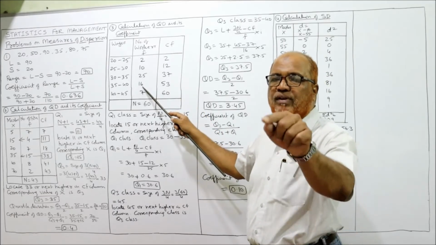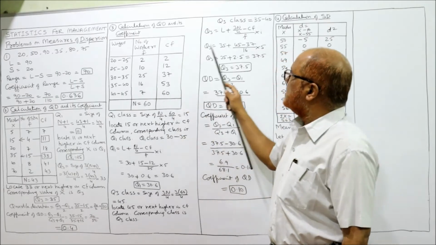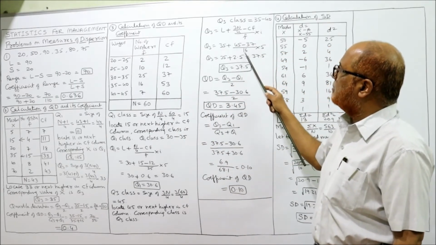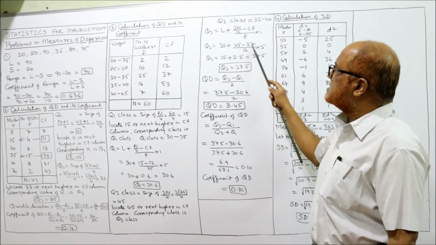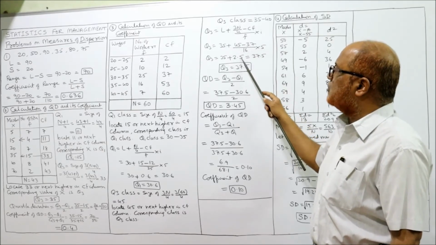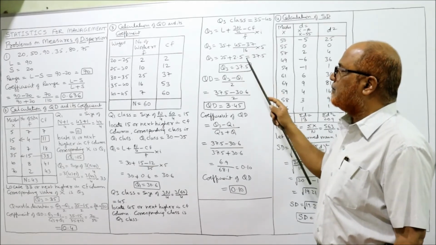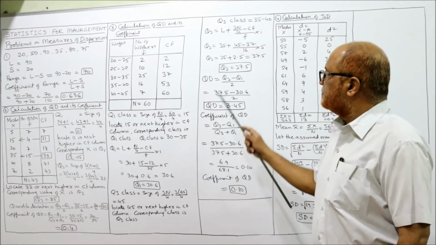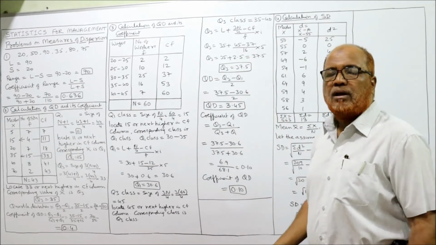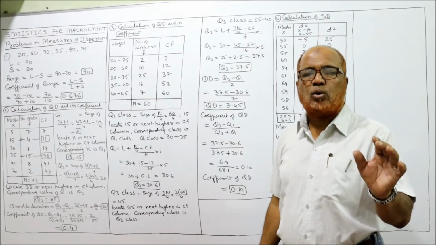F stands for frequency of Q3 class, 16. So 45 minus 37 by 16 into 5, width 5, you get 2.5. So 35 plus 2.5, 37.5. So we got the Q3 value, third quartile, 37.5.